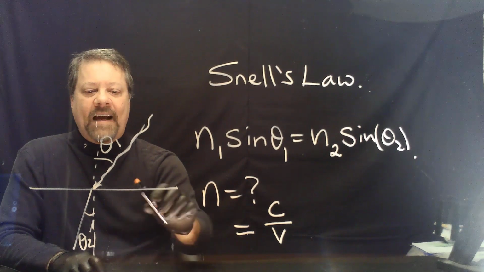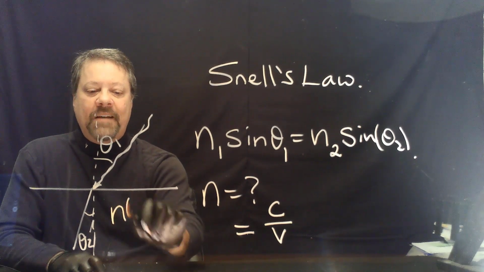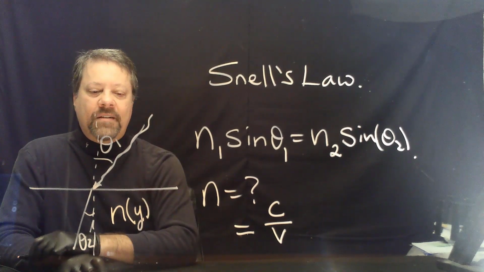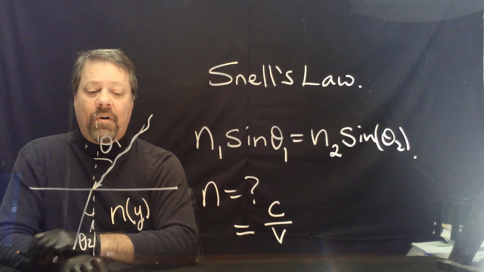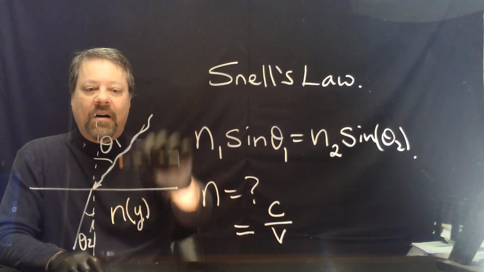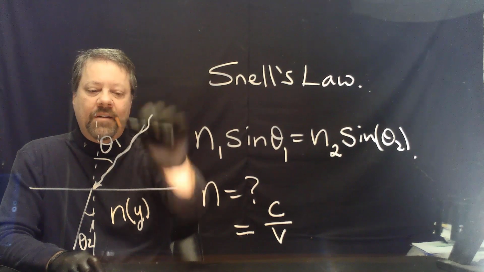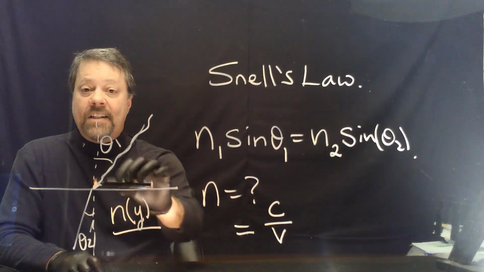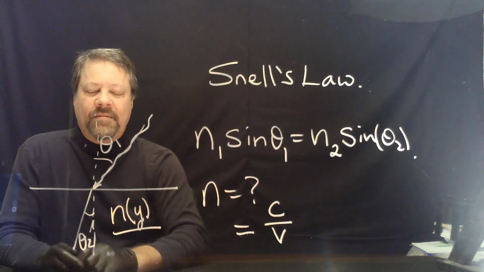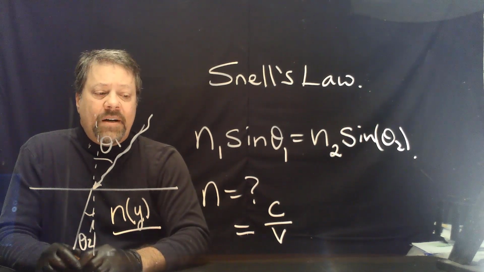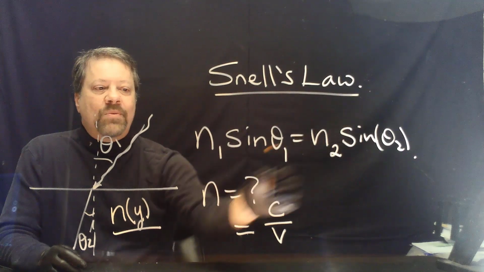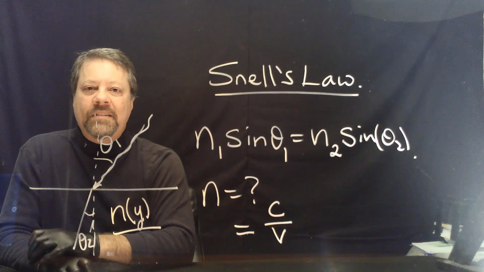So in fact, the index of refraction will be a function of the height above the surface of the Earth in the case of a mirage, because the velocity will depend upon where you are in relation to the surface of the Earth. This will change in a nice smooth way as you go away from the surface of the Earth. What we seek to do here is to generalize Snell's law to the case where we have a continuously variable index of refraction.